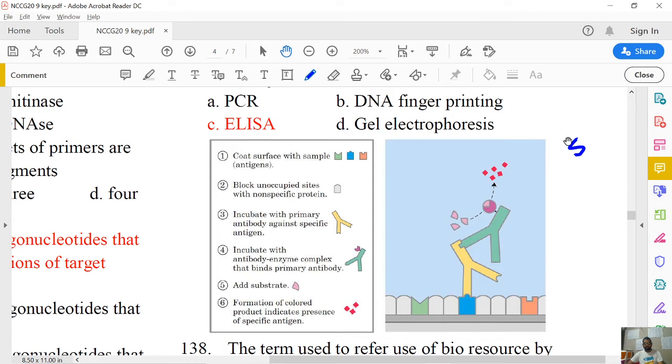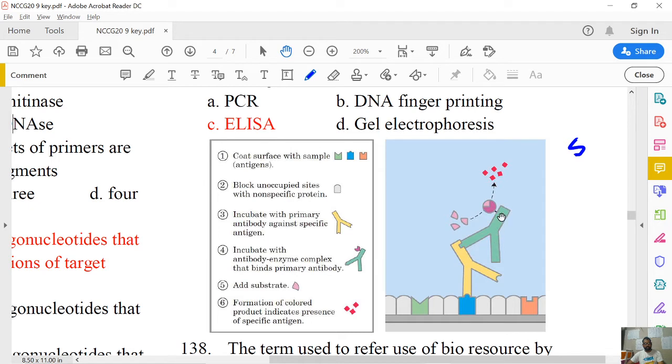Now when I take the serum sample from the patient or any person and I add this to the immobilized antigens, if this particular antibody is present, then only it will bind to the specific antigen. Now we'll use one more antibody that possesses an enzyme.